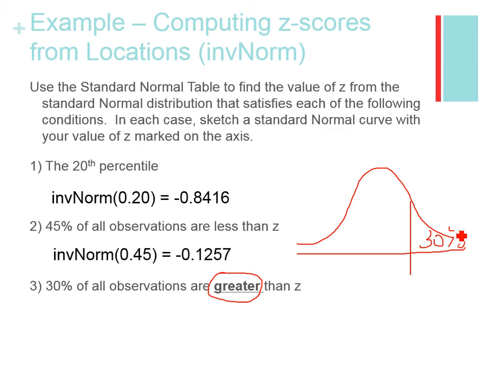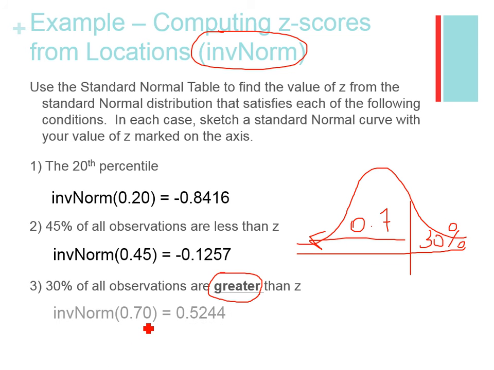So what we really want to know, in terms of using the inverse norm, is the inverse norm of 0.7, because inverse norm only measures below a given value. So 30% above would be 70% below, and that's basically what this measures right here. That's why I'm putting in 0.7 for this and not 0.3.